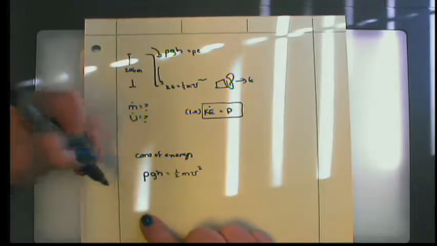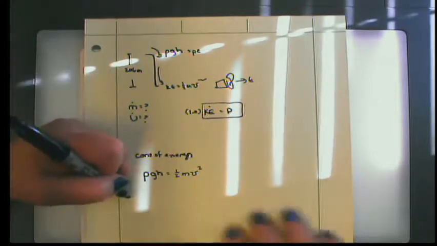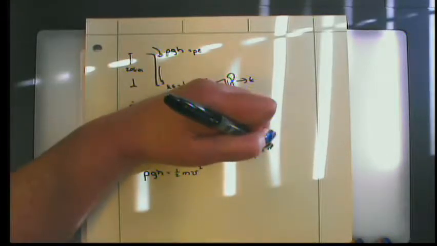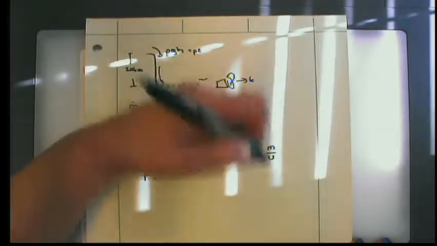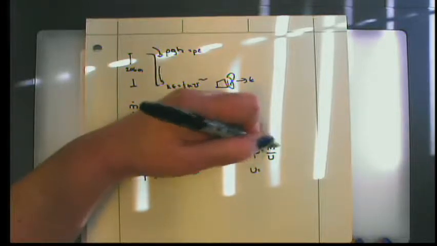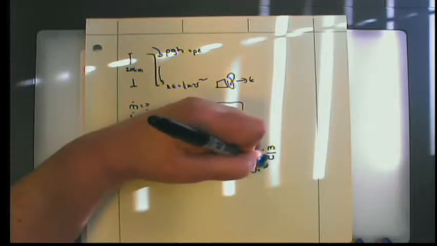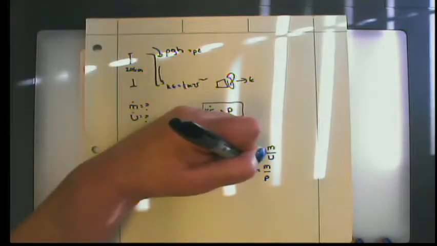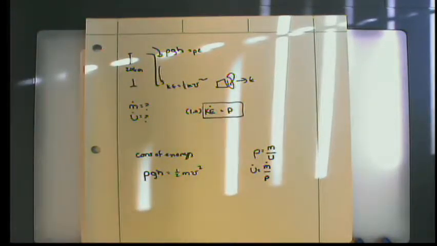We need to convert this into rates. So if we think about what density is, it's mass per volume. Volume then is equal to mass divided by density, and volumetric flow rate is equal to mass flow rate divided by density.